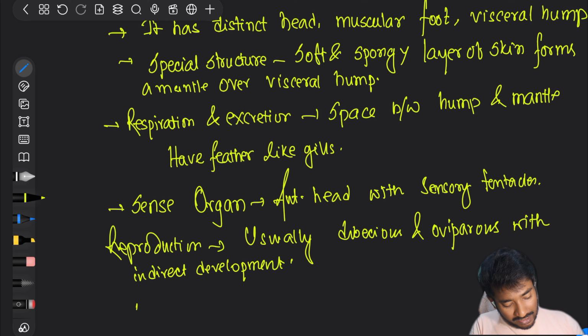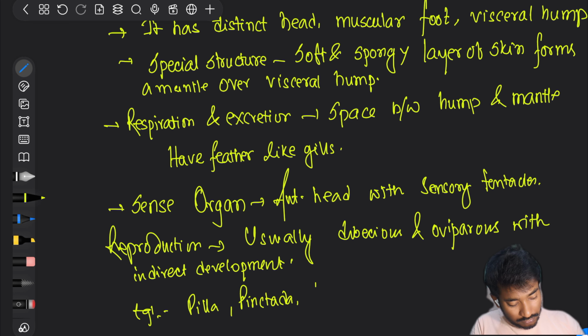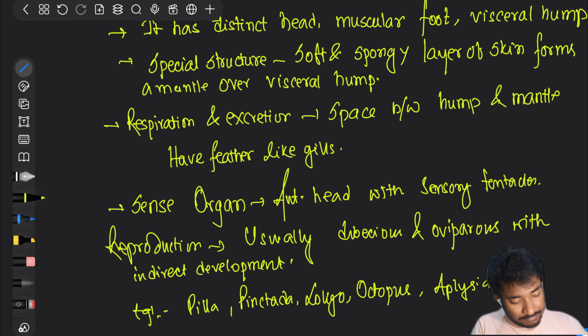For example, Pila, Pinctada, Loligo, Octopus, Aplysia, Dentalium.